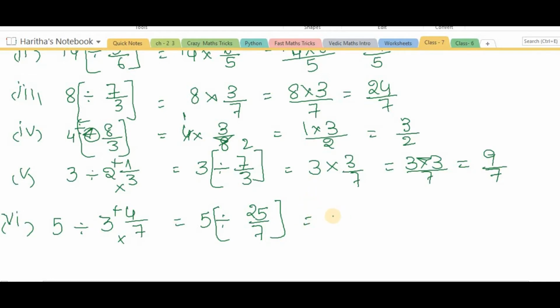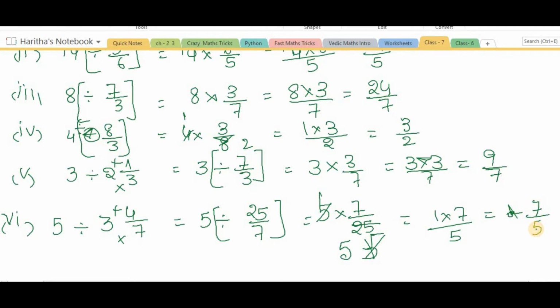Now change this into the reciprocal: 7/25, whereas 5 and 25 will cancel. 5 1s are 5, 5 5s are 25. 1 into 7/5, 1 7s are 7, by 5.